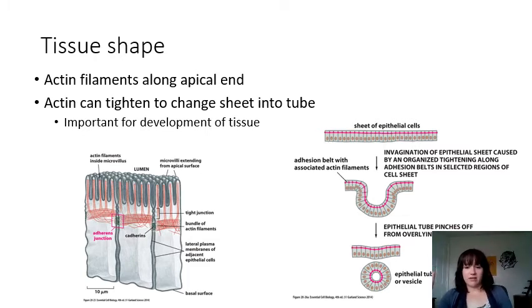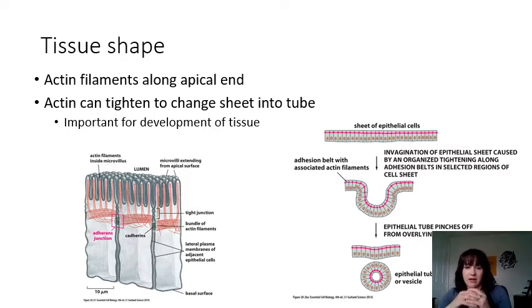And when this sheet starts to form a tube, you can see it kind of bends in or invaginates, right? So the sheet kind of starts to bend in, and eventually that top half closes off and it pinches off from the sheet, and we have this tube or vesicle.